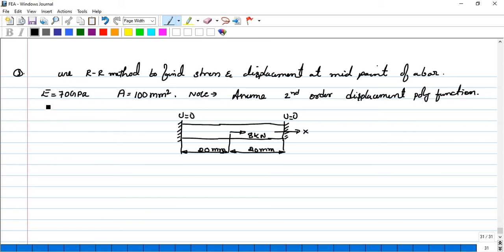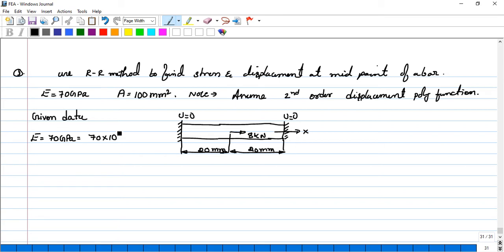So now let us code the given data. Let me write, the given data are as follows. E, Young's modulus, is given by 70 GPa. So 70 GPa is nothing but what? 70 into 10 raised to how much? Gigapascal.